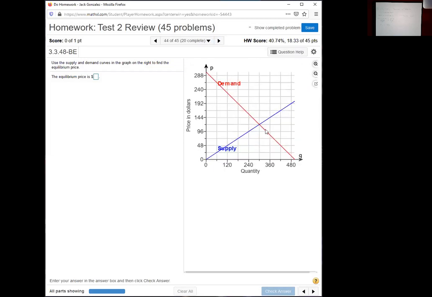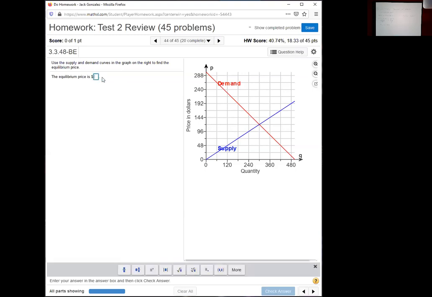So you would just choose this intersection. You want the price, so that'd be here, whatever that number is. Going by 48, right? So half of 48.